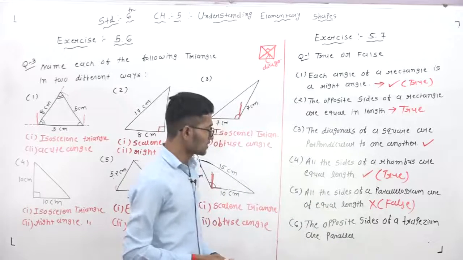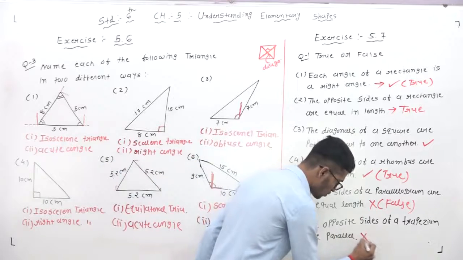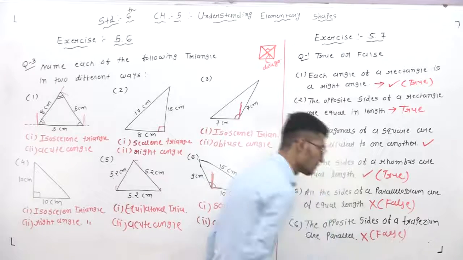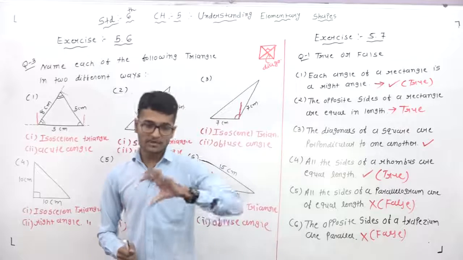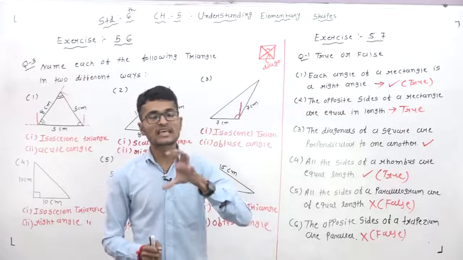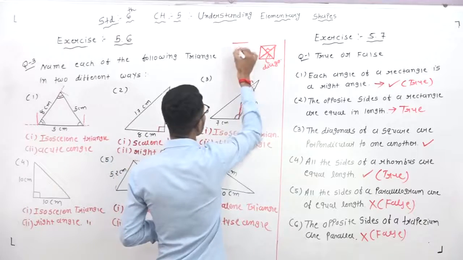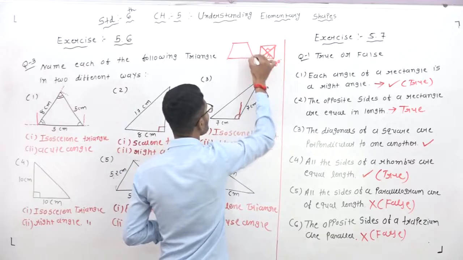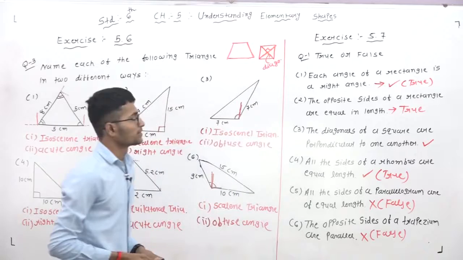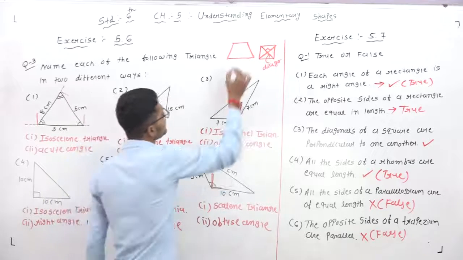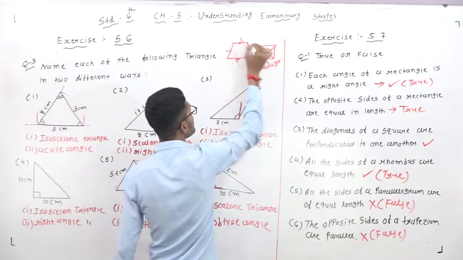Then our next one: the opposite sides of a trapezium are parallel. Dear students, this is the false answer. This means this is the wrong answer. Why? Because in a trapezium, see here, dear students, these two sides are parallel, but these two sides are not parallel.